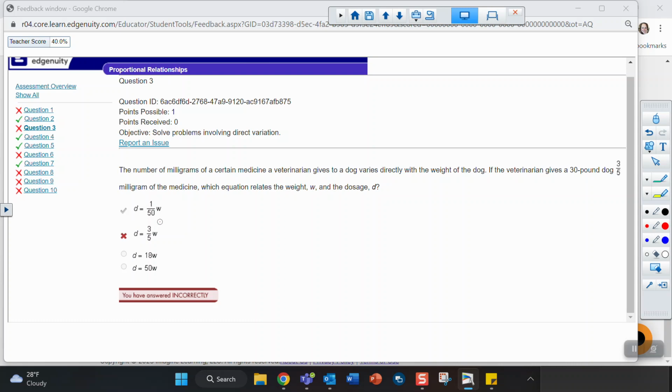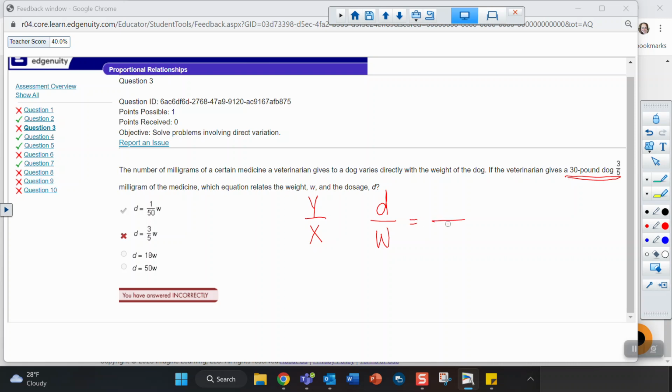It depends on the weight, so the weight's kind of like your X here. When we find the constant of proportionality, remember, we do Y over X. In this case, it's dosage over weight, D over W.